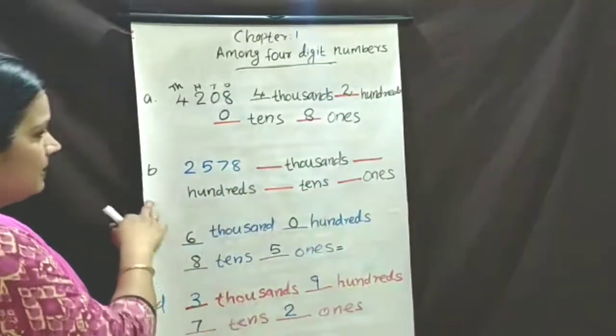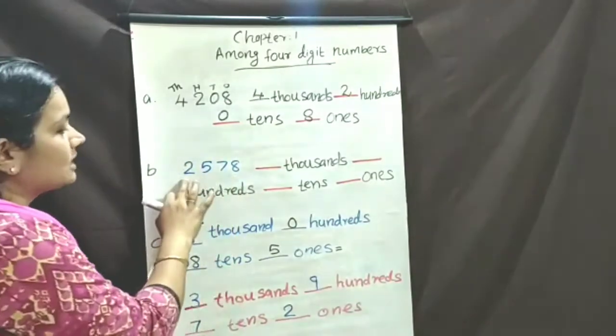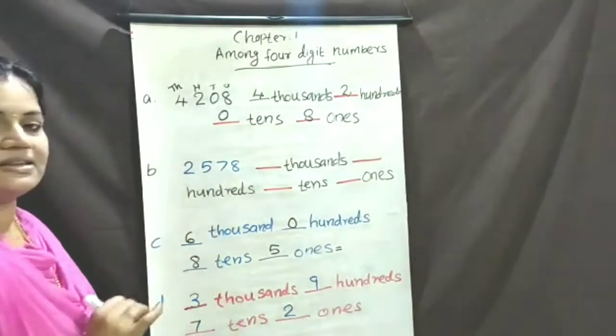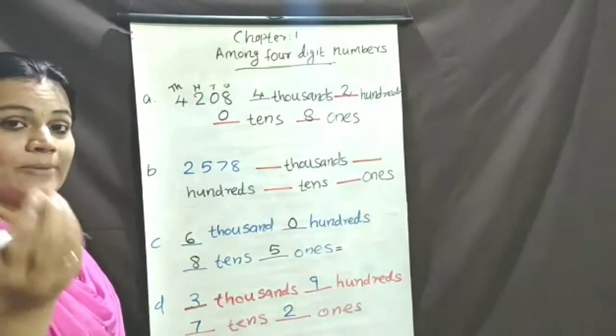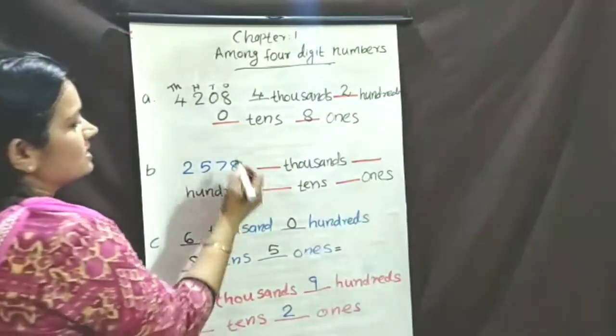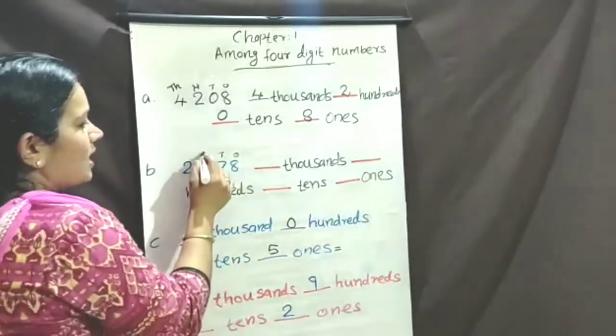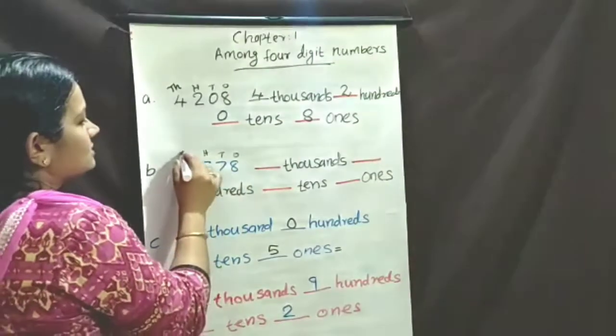Again, the next question: 2578. First of all take your pencil and write the symbols of the places: 8 ones, 7 tens, 5 hundreds, 2 thousands.